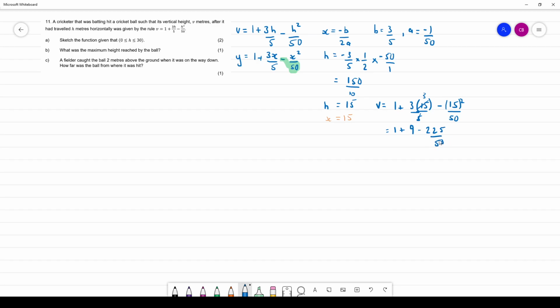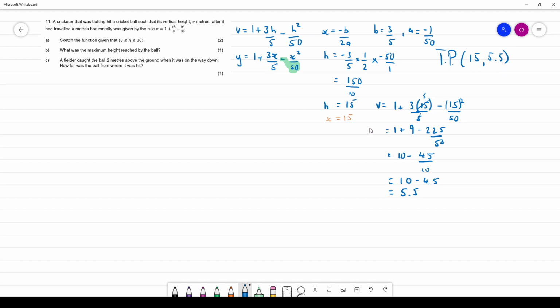So this can simplify a little bit. 225, it ends with 5, which means we can divide it by 5. So we've got 1 plus 9 is 10, minus this, which is 45 over 10. Oh, we can simplify that a bit further. 10 minus 4.5, which equals 5.5. So we've got a turning point, which is going to be, I'll write it up here. TP is 15, 5.5. And that's our turning point.